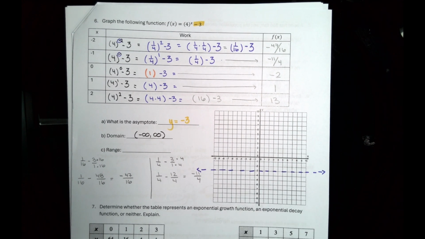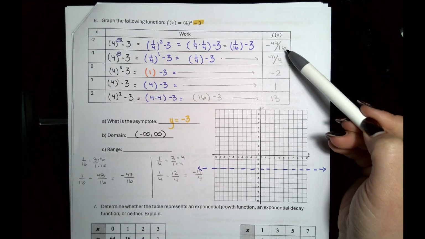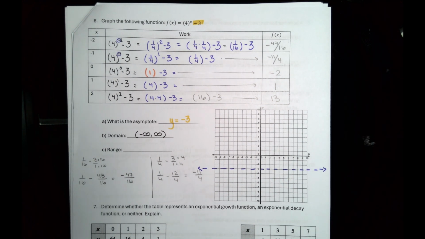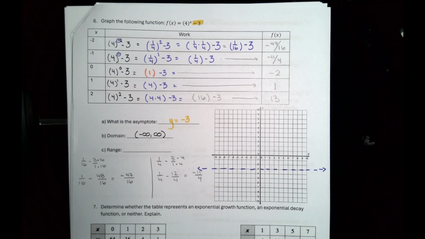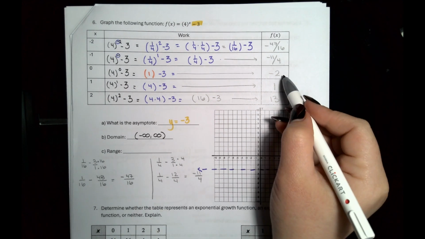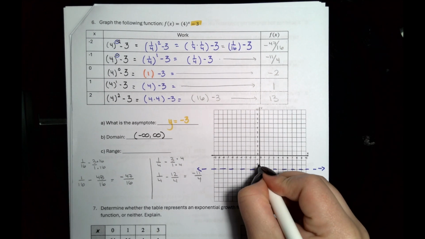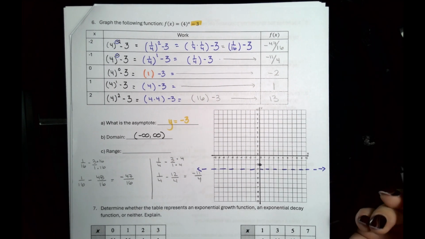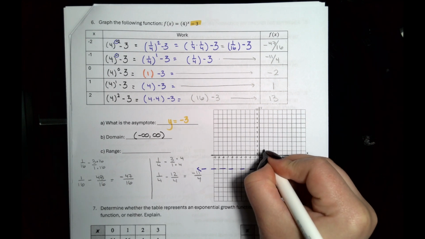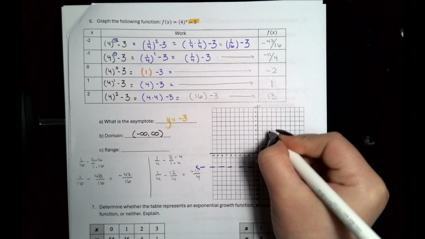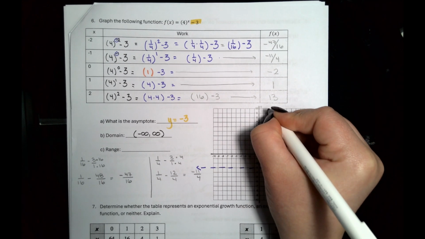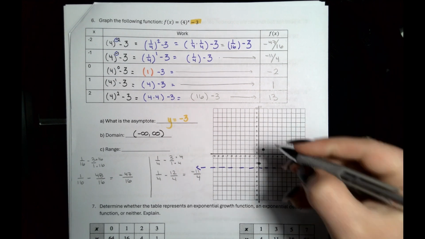Next, we're going to sketch this out. Now, some things like -47/16 are going to be difficult for you to sketch, so start with the whole numbers and then go there. So we have 0 and -2. Next, we have 1 and 1. Now we have 2 and 13. Now it only goes all the way up to 10, so I'm going to guesstimate, use a pencil here.